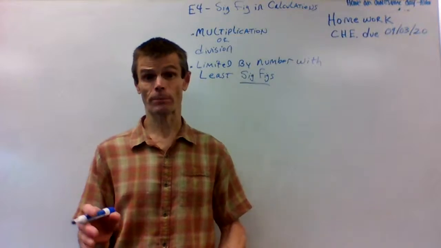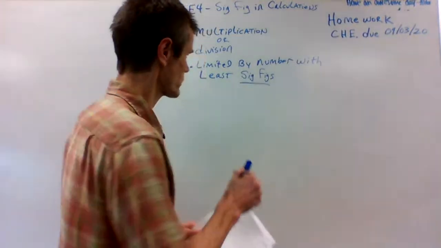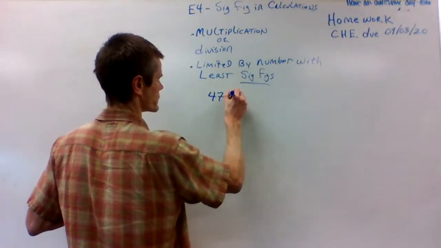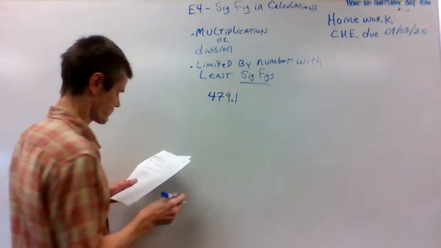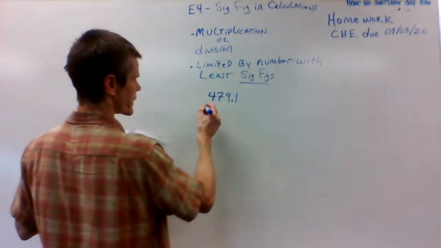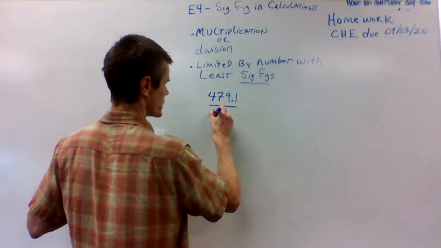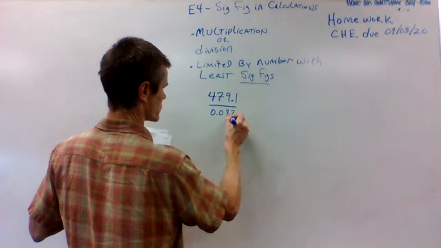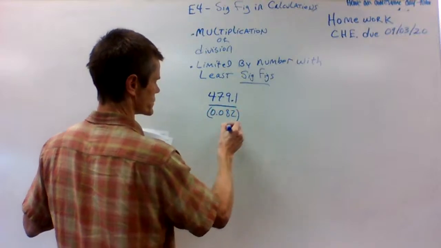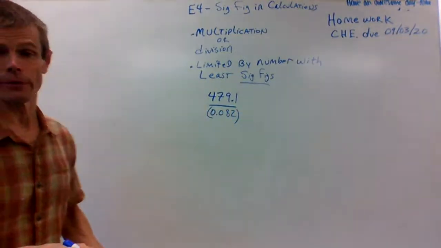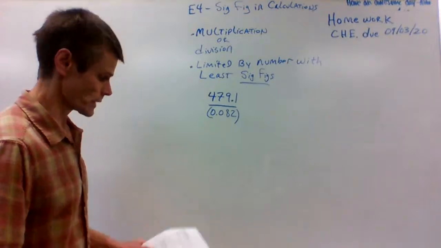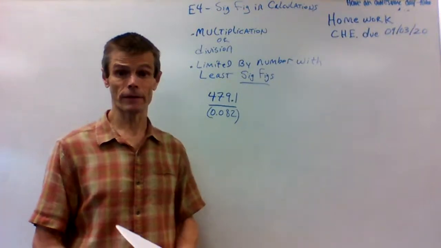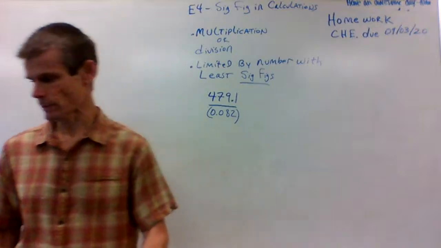So this is a good practice example. 479.1, and we're going to divide that by a number, 0.082. And I have it in parentheses just so it's easier to read. Sometimes I'll do that. We would plug these into our calculator. That's probably the easiest way to do it. That's how I would do it.